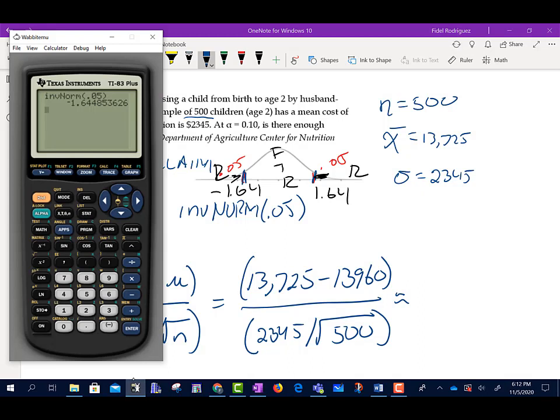Clear this out again. Parentheses 13,725 minus 13,960, divided by 2345 divided by the square root of 500. Close and close again, then hit enter, and I'm coming up with negative 2.24.